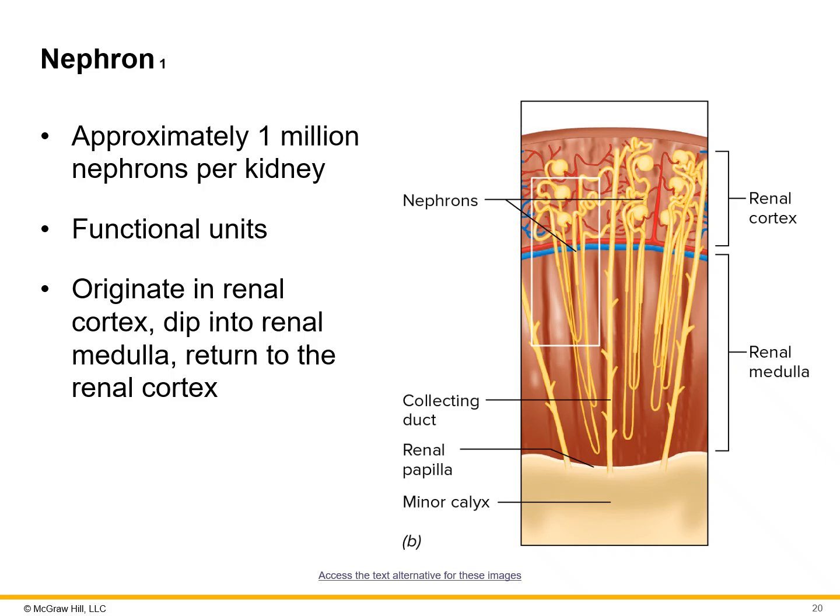Then it's your minor calyces, your major calyces, your renal pelvis, and then your ureter, which we're going to learn about as we keep going through the slides. Okay. But make sure you write that down, that the nephron is the functional unit of kidneys. And then your pathway of urine is your nephrons, your collecting ducts, your minor calyces, your major calyces, your renal pelvis, and then your ureter. Okay.